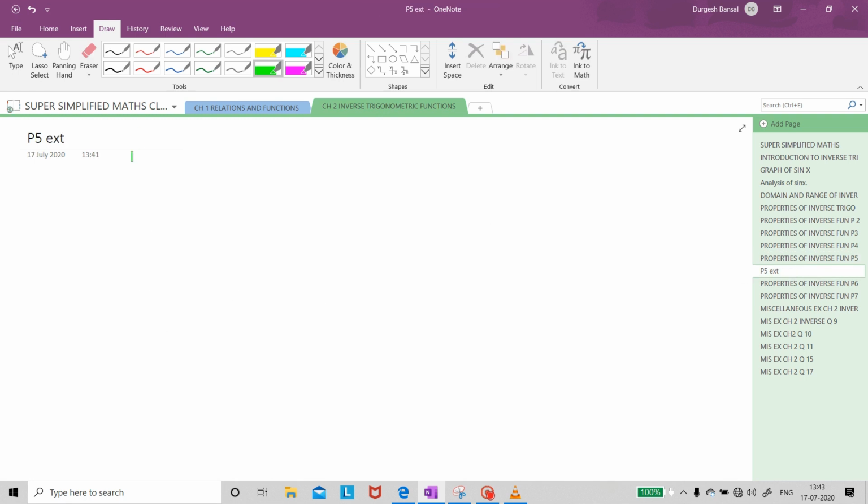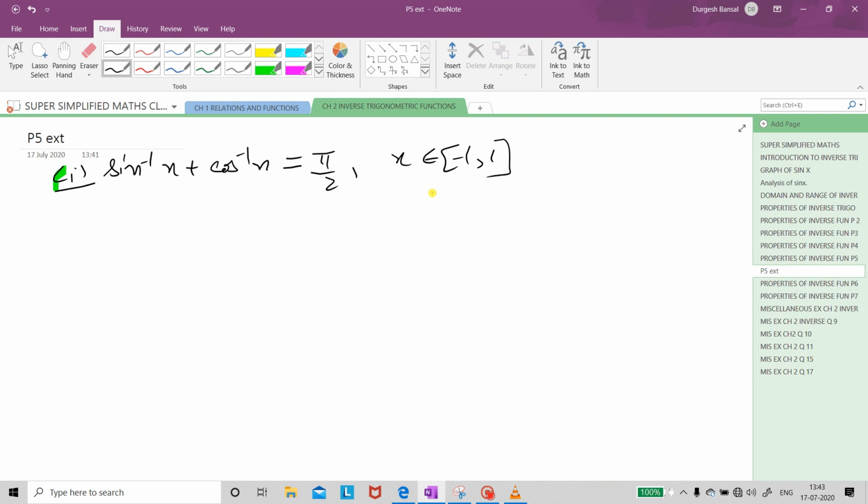Now let us try to prove this first property. The first property says that sine inverse x plus cos inverse x is equal to pi by 2, and x belongs to their common domain. To prove this, let us assume that sine inverse of x is y.